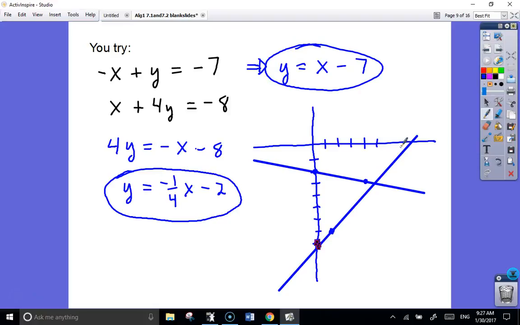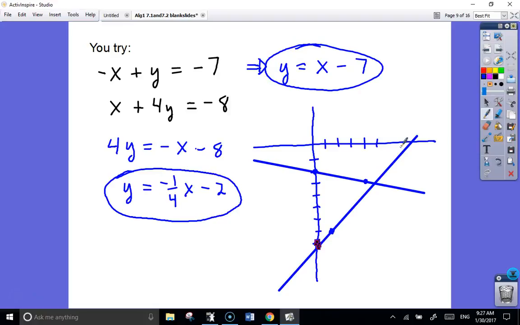Draw a line. Well, you graph both the lines and you look for the intersection point.